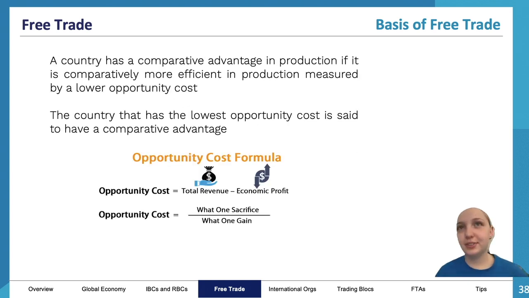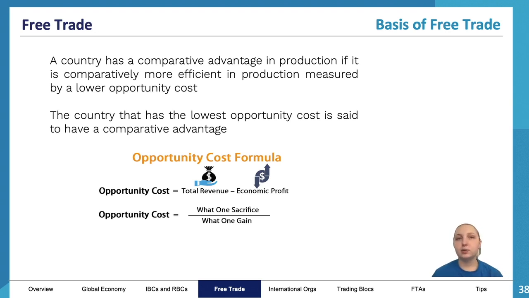Looking at something you would have done in year 11, opportunity cost, which is essentially what we've been talking about. A country has comparative advantage in production if it is comparatively more efficient in production, measured by a lower opportunity cost. So the country with the lowest opportunity cost is said to have the comparative advantage.